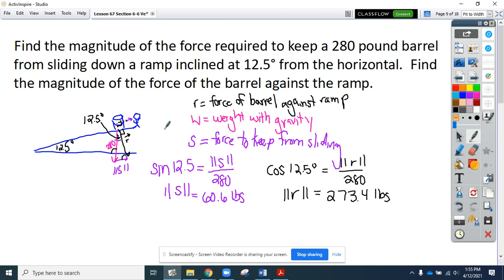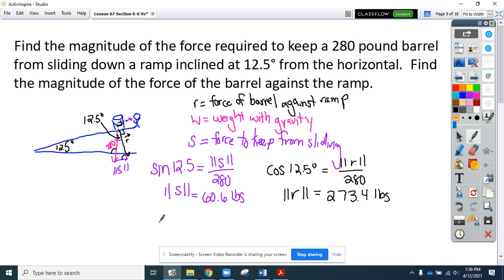All right, so creating a picture, really important. If you are labeling a bunch of different vectors, I would suggest labeling what they are, so defining what they are, because I think it'll help you keep it straight. You could tell I defined them and I color-coded them because I feel like that's a lot going on there. But what did we end up seeing? We ended up seeing how it all worked together. How did it work with the incline, with the weight of the barrel? How did gravity play in there?